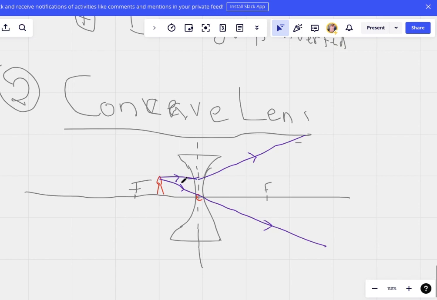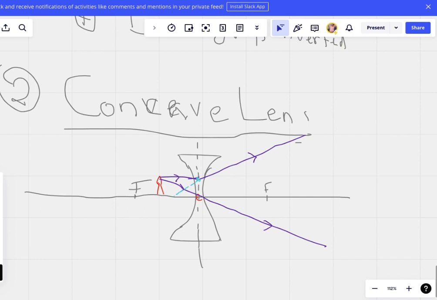Okay, so this one, we will bring the broken line from here, from where this first ray meets the lens. We bring it down with a broken line as a continuous straight line to this side. So where this broken line meets this ray, where they meet, it will produce the image there.